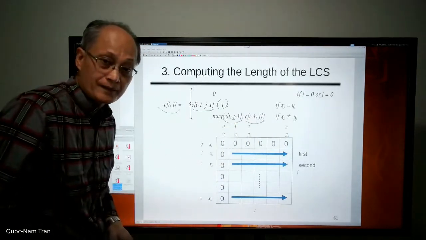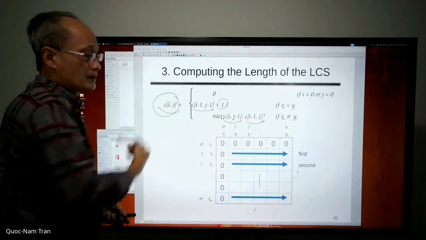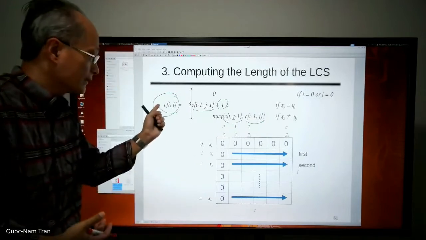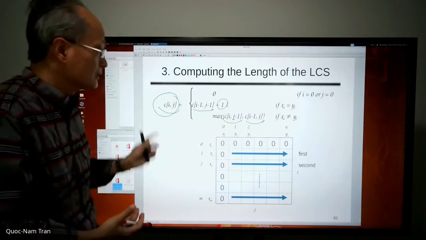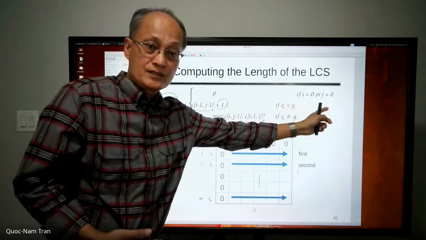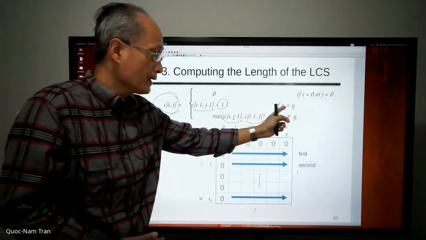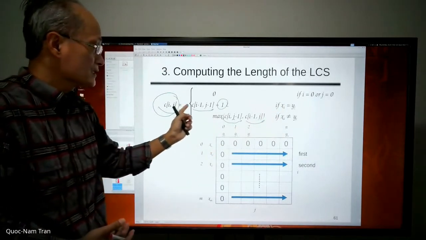So if we write a program for calculating the Cij using recursion, the base case is: if i or j is 0, we return 0. Otherwise, we compare. If they are the same, then invoke the function C again.